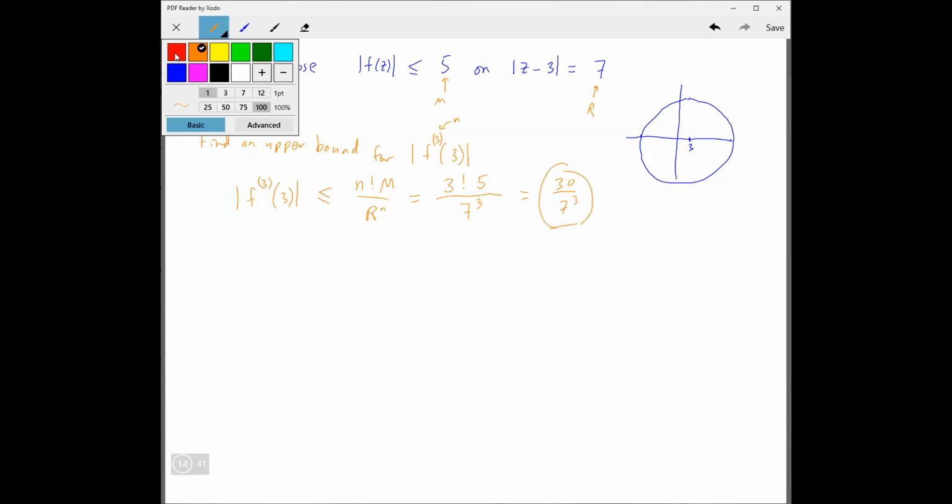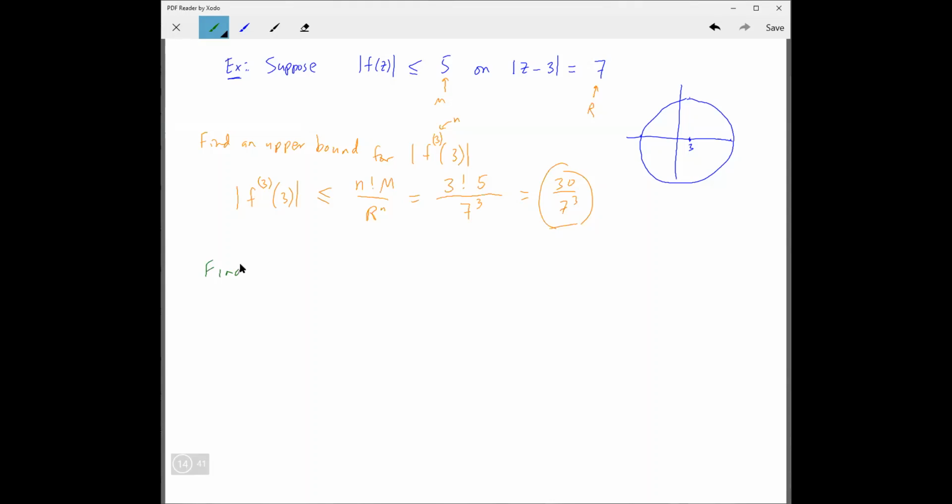Another kind of problem along these lines: let's say you have everything the same, and you're supposed to find an upper bound for the third derivative, but this time at 0.